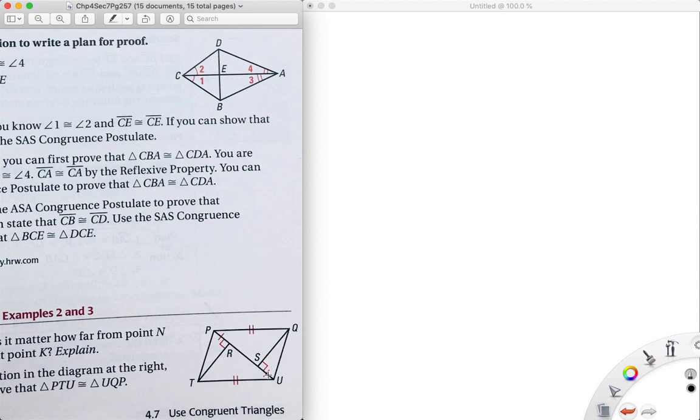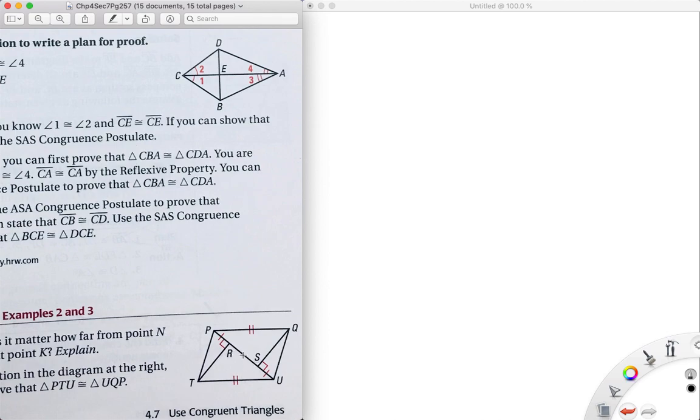I see here that RS is here and PU shares that. So I can say that RS plus PR equals SP. I can say RS plus SU equals RU, and I can say that RU is congruent to PS using the segment addition postulate, and they're adding the same thing.